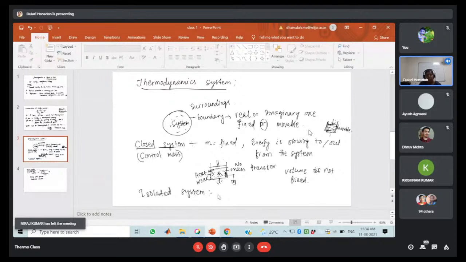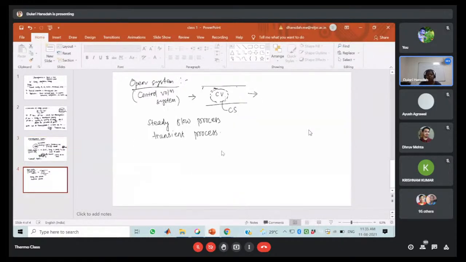Generally we are telling it is a special case of the closed system. As one of your friends discussed, a thermoflask is one example of this isolated system, in which there is no mass transfer as well as no energy transfer.